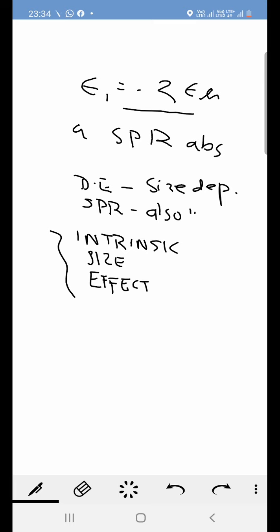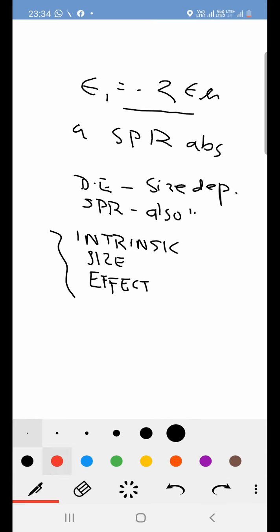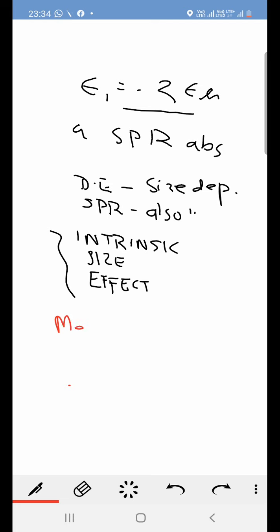Now, this was all about metallic nano rods, where there are longitudinal or transverse modes. There are geometries which affect the frequency of light. For example, something called a metallic nano shell.